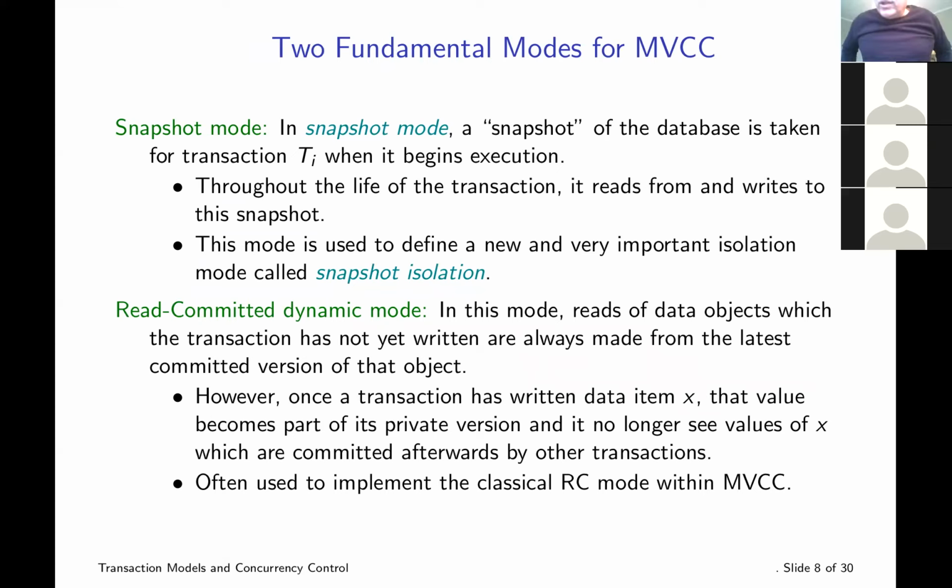For multi-version concurrency control, there are two fundamental modes of doing it. There is the snapshot mode, which is much more intuitive. What snapshot says is that when you start at one particular time, you take a snapshot of the database at that exact time, and all of your work will be over that snapshot.